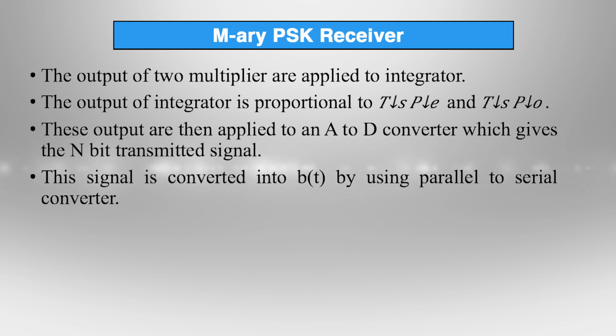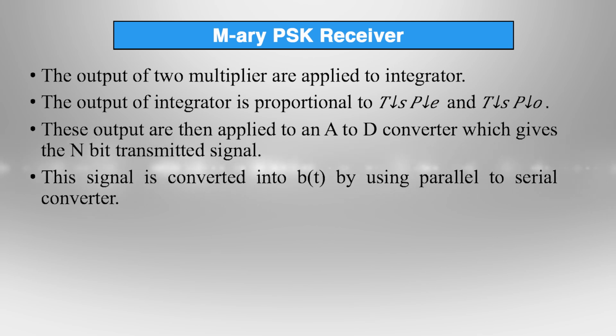The integration is from 0 to n times Tb. So, for BPSK, m is equal to 2 and n is equal to 1. Therefore, in BPSK, integration is from 0 to Tb, where Tb is the duration of one pulse.